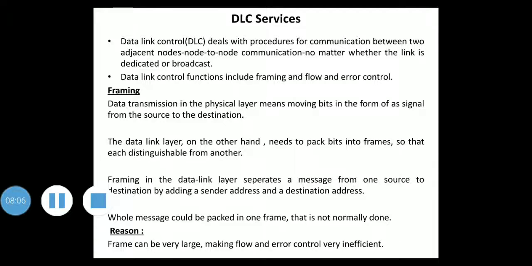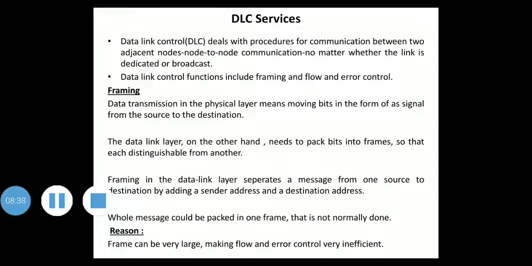If that message is carried in one very large frame, and a single bit error occurs, then there is a need to retransmit the whole frame. That is why a message is divided into smaller frames. If a single bit error occurs, it affects only that small frame.